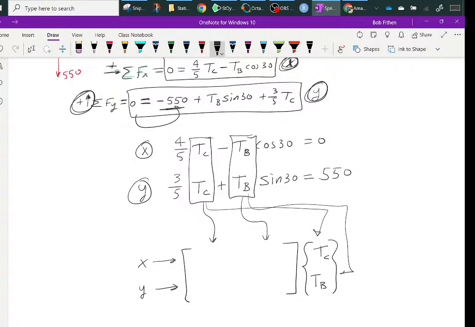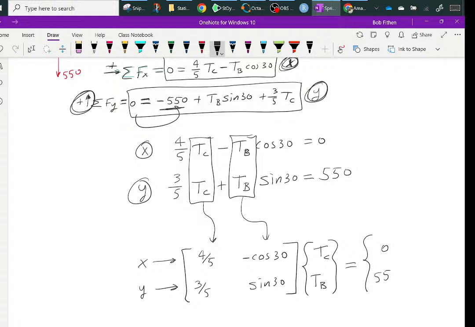So I'll take the coefficients off of here: 4/5 and 3/5, and then minus cosine of 30 and then a sine of 30. I'm spending a little extra time in the setup so that it'll maybe jog your memory about setting up a matrix.